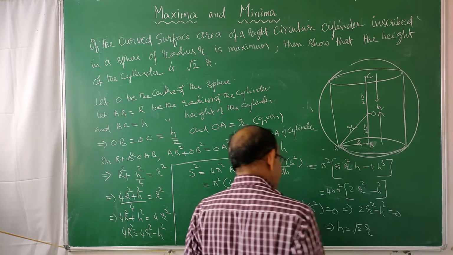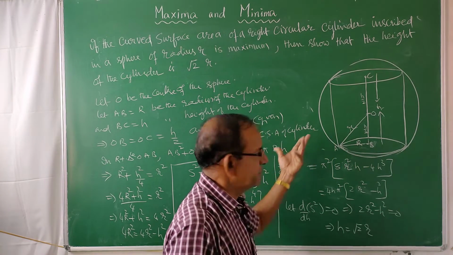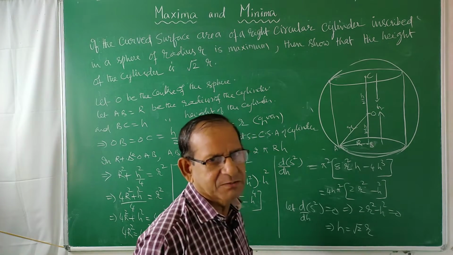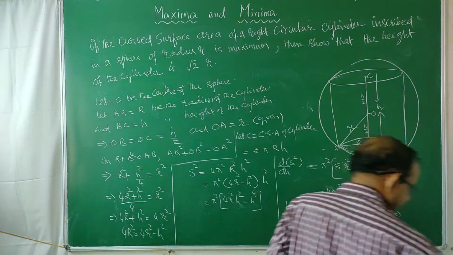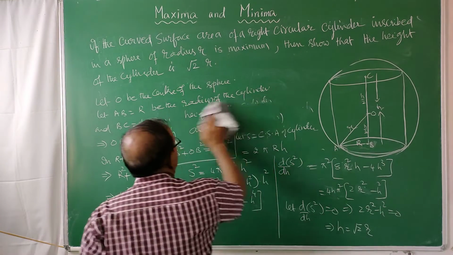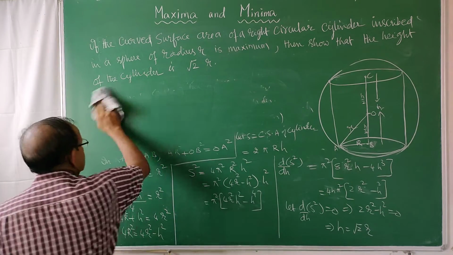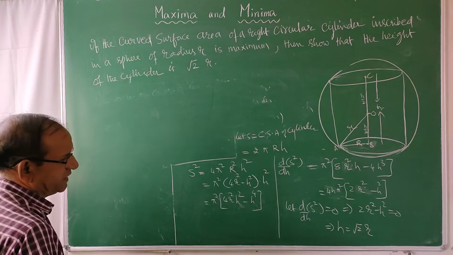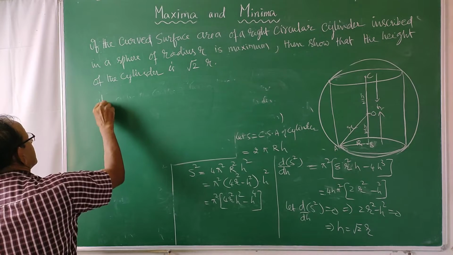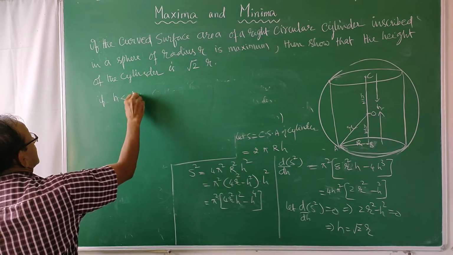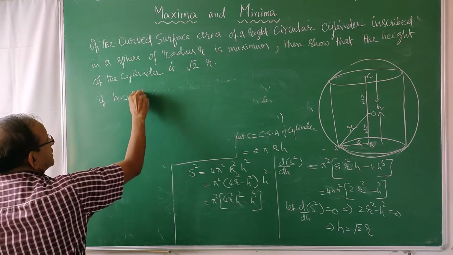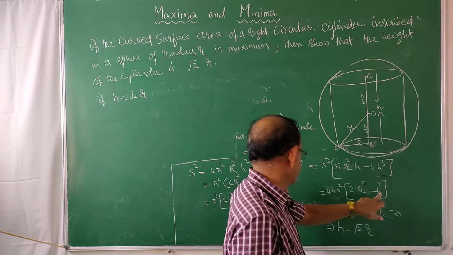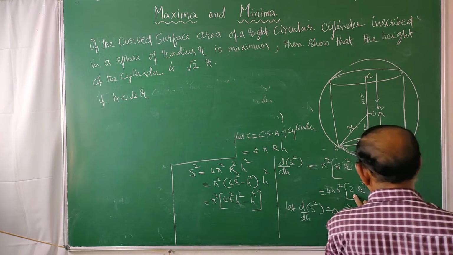Now when h is equal to root 2 r, that s may be maximum or may be minimum. But how to find out whether it is maximum or minimum? I will do it on this side. Suppose h less than root 2r, then h square is less than 2r square.